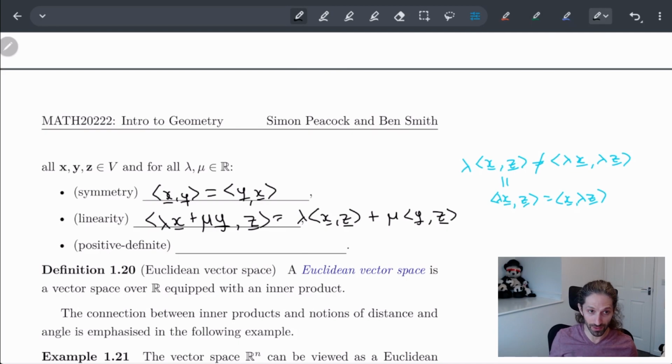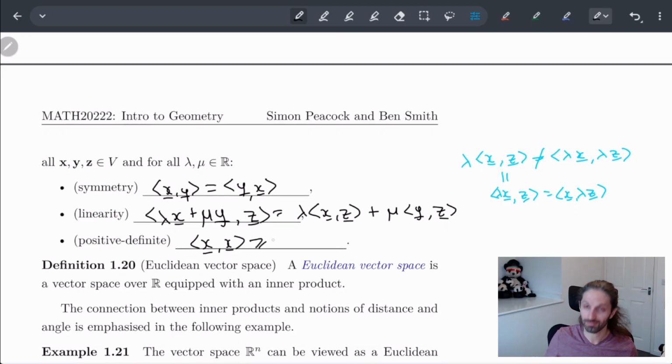So for positive definite, what we have is the following: the inner product of x with x, well, positive definite makes it sound like it should be positive. It's positive. That's basically what we're saying. What's the word definite? Well, definite is basically saying it's only 0 when x is 0, so equality holds if and only if x is 0.